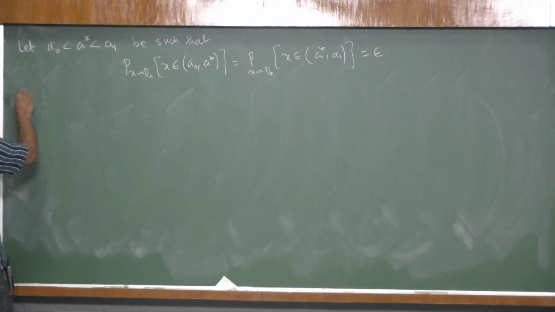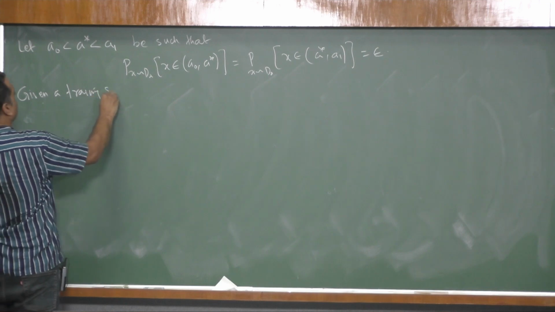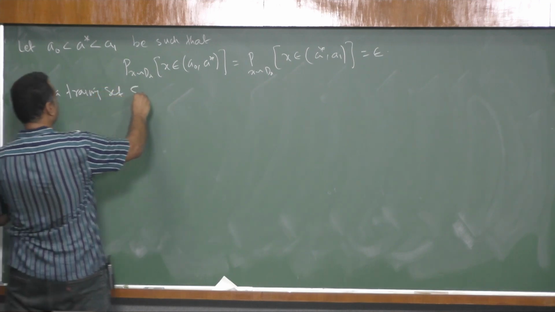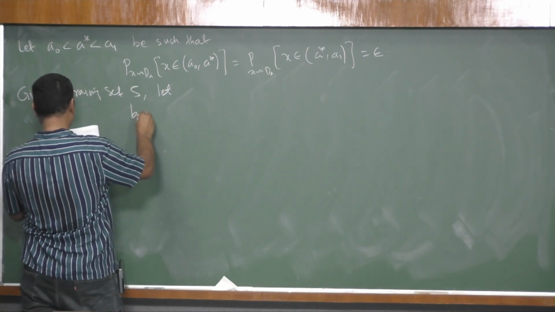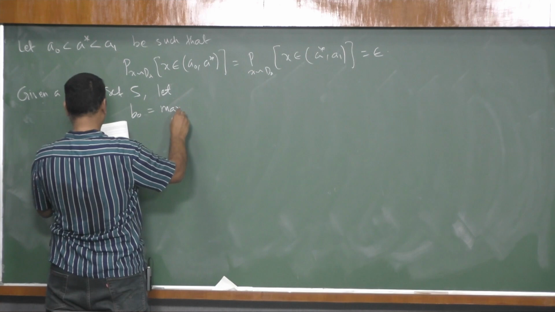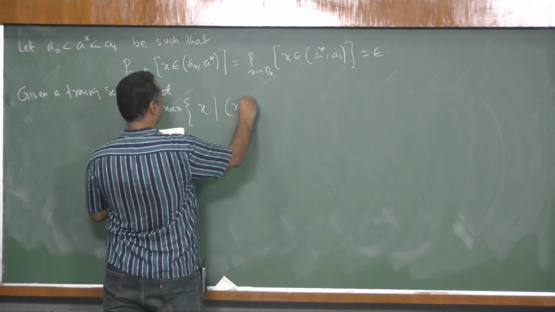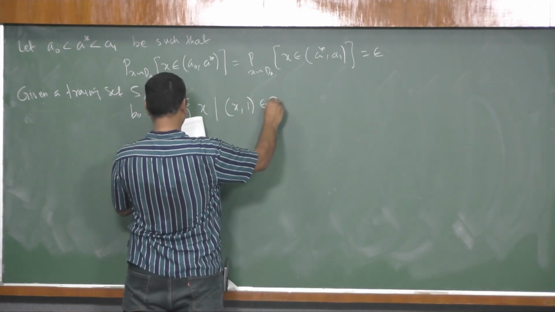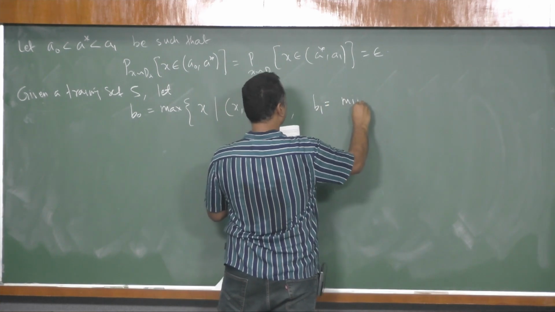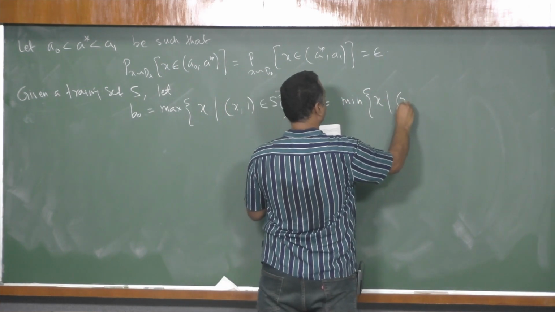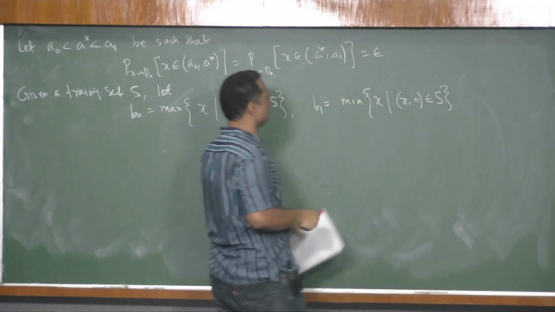So given a training set S, now let us define B0 to be the max of all x such that (x, 1) is in S, and B1 is the min of all x such that (x, 0) is in S. Okay, let us see what this means.